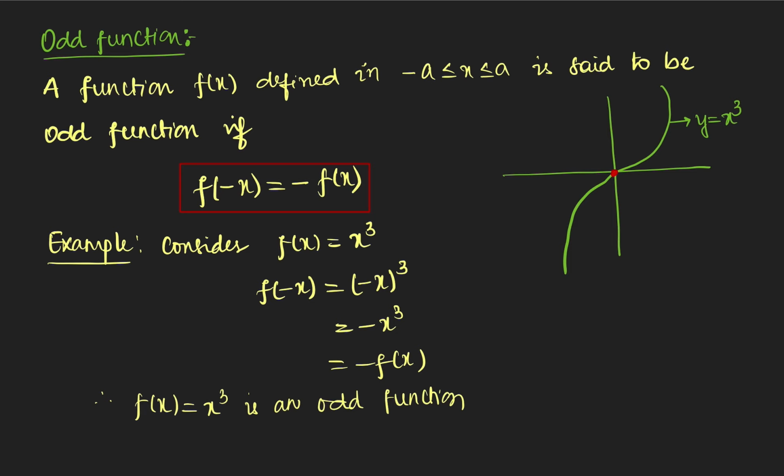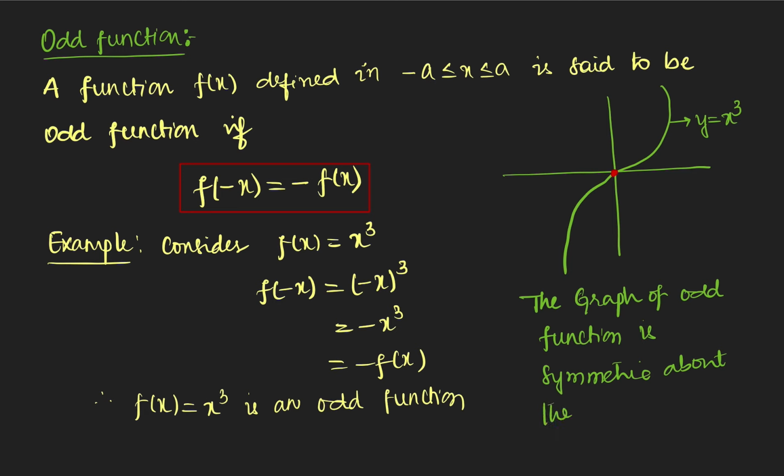So the graph of an odd function is symmetric about the origin.